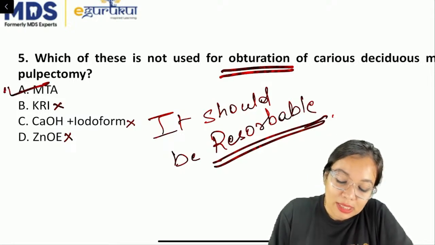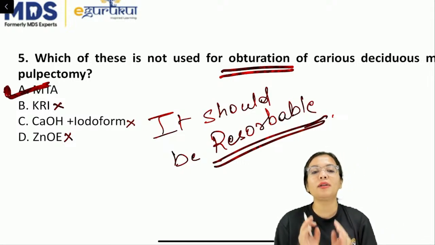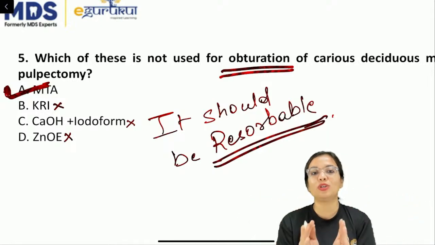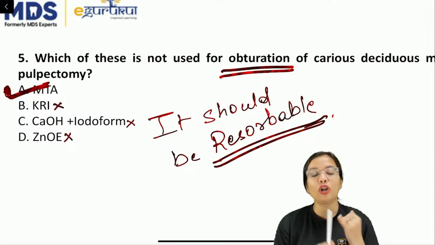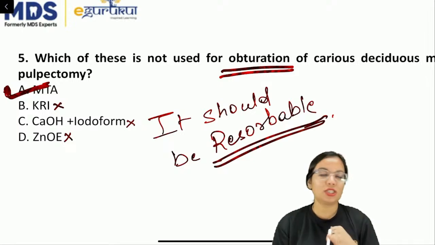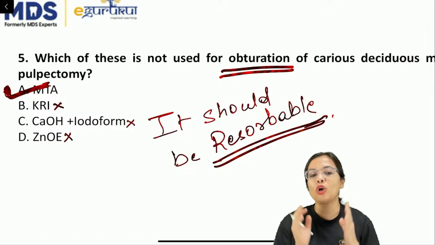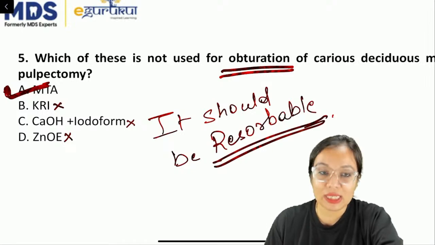But the only material that does not resorb, that sets into a very, very hard mass, is MTA. So MTA is non-resorbable, it sets into a hard mass, and hence it can be used in apexification or pulpotomy or direct pulp capping, but it cannot be used as an obturating material in deciduous teeth.